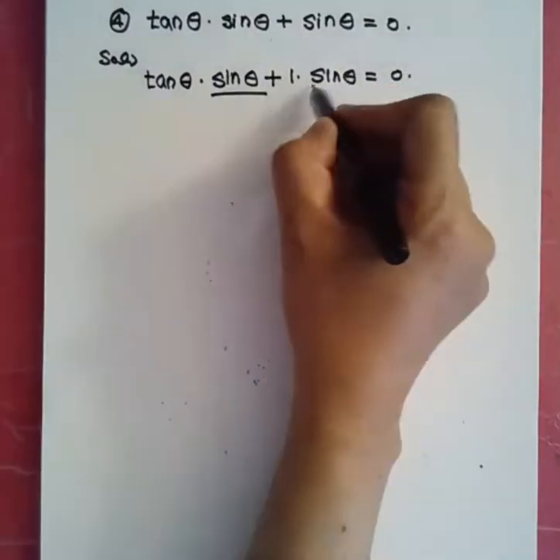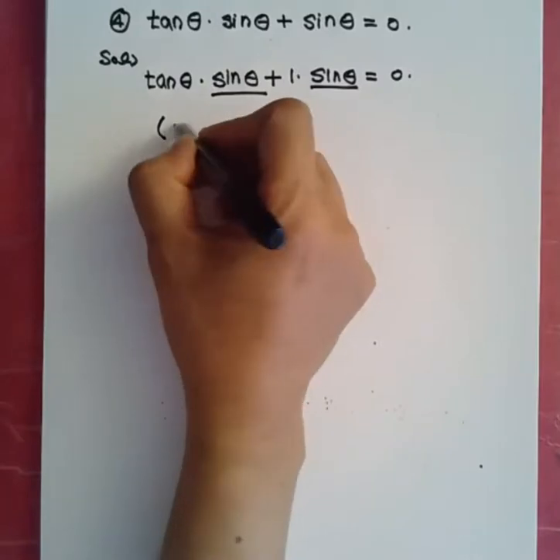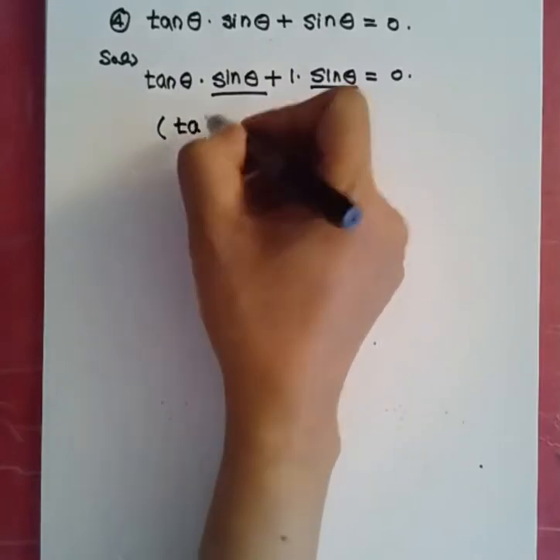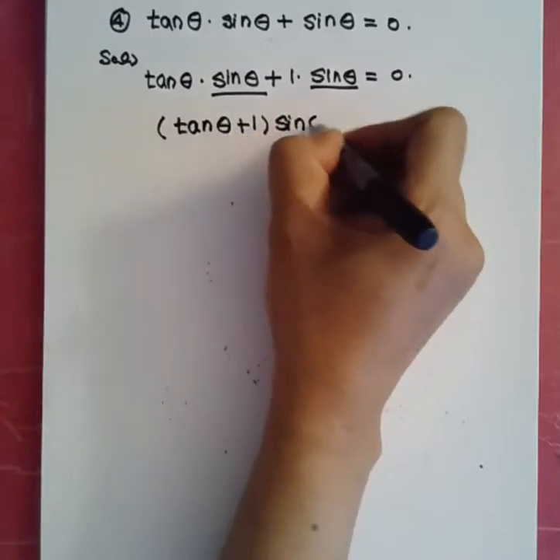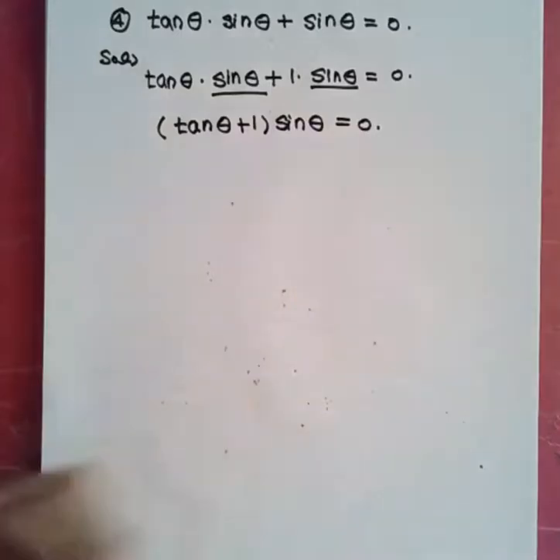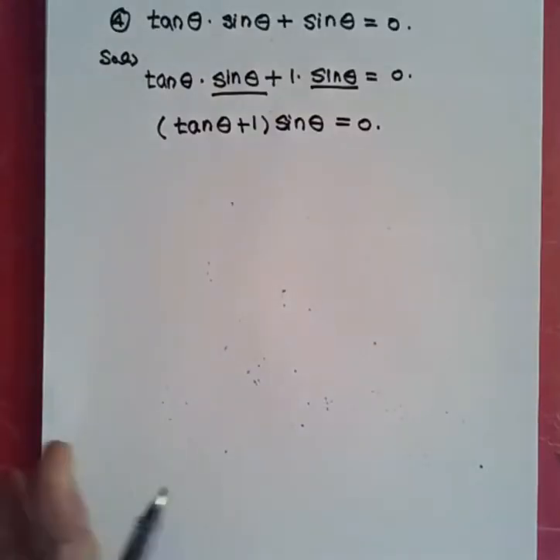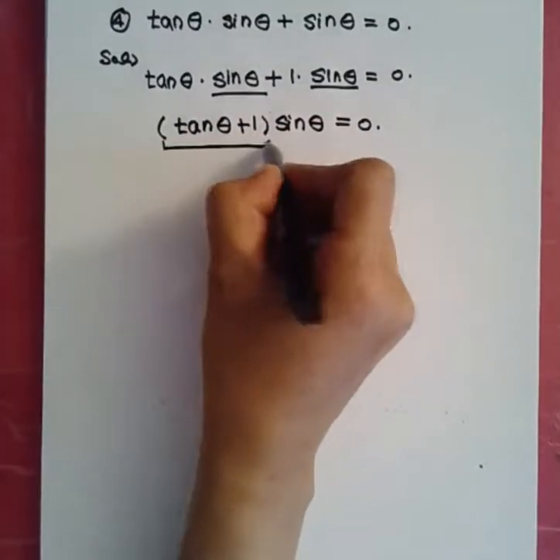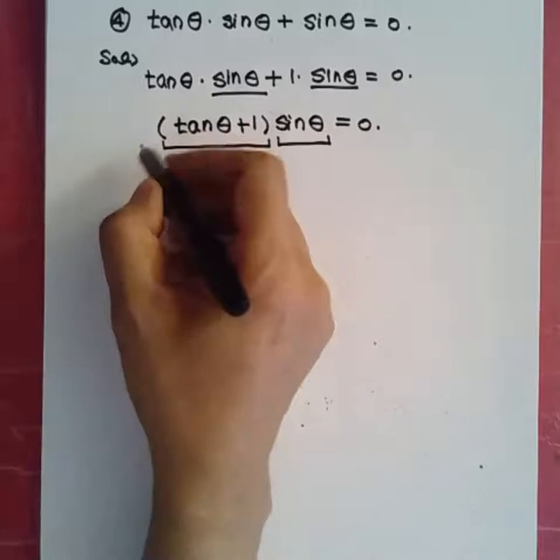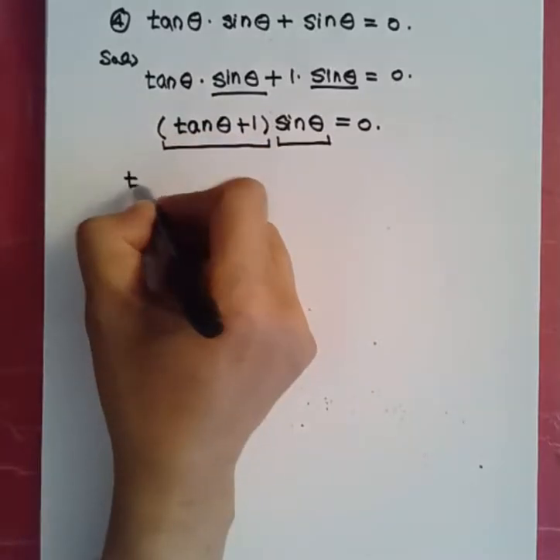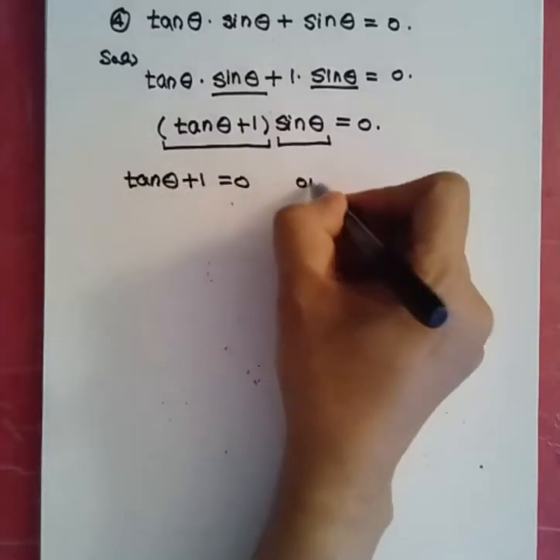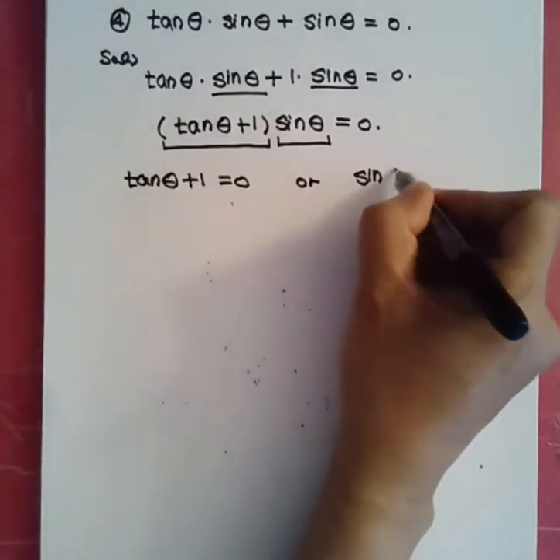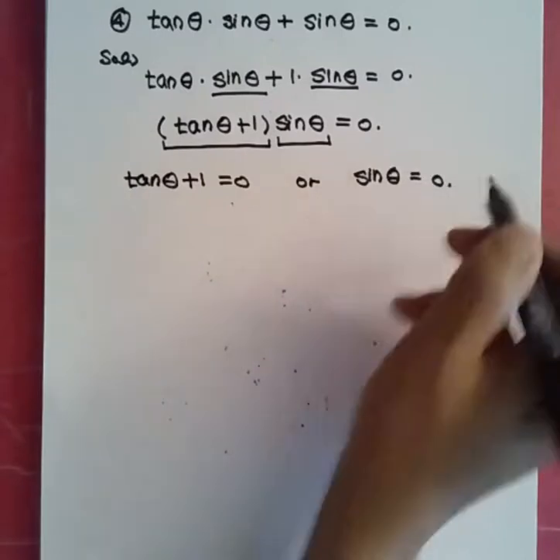So we are taking sine of theta, so tangent of theta plus 1 times sine of theta equals 0. Two numbers are multiplied and became 0. That means either this component is 0 or this component is 0. So tangent of theta plus 1 equals 0, or sine of theta equals 0.